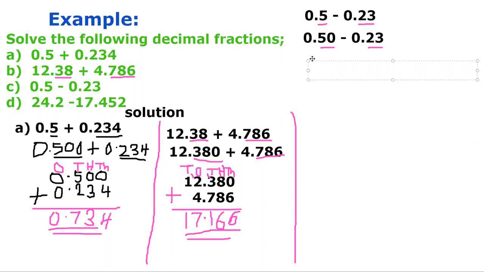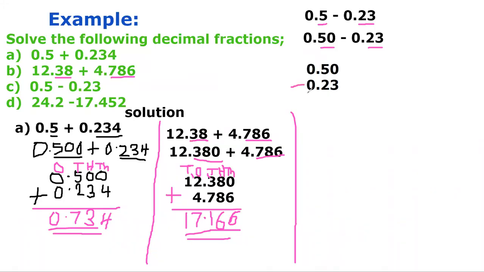Now we are going to arrange them in a vertical form. Make sure that the point will be in line. So our 0.50 first, then followed by 0.23. Now you put your minus sign to indicate the kind of operation that you are using.